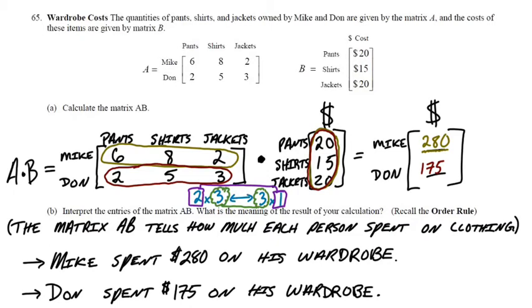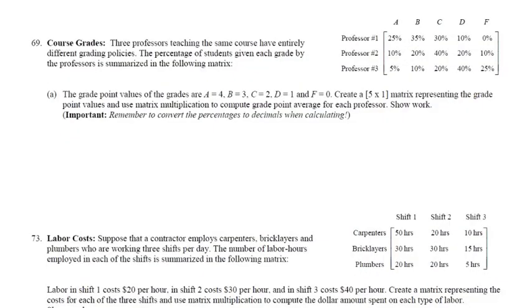Okay, and there's one more problem I'd like to look at with you. Number 69, the one about course grades. It says 3 professors teaching the same course have entirely different grading policies, wouldn't you know it? The percentage of students given each grade by the professors is summarized in the following matrix.